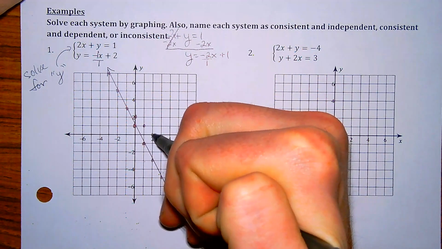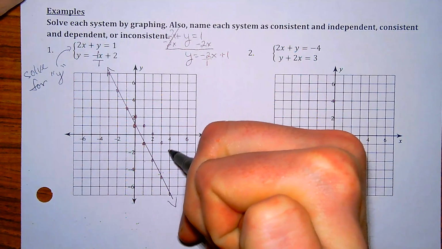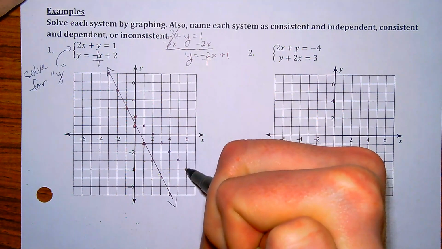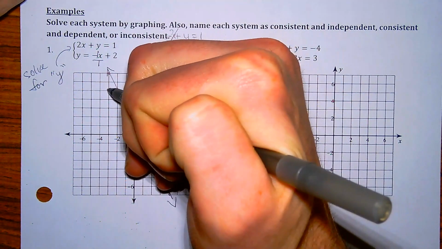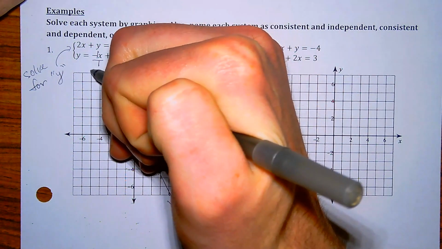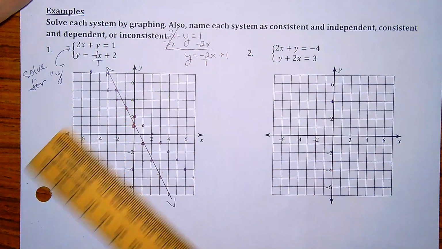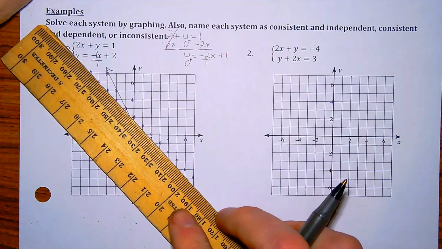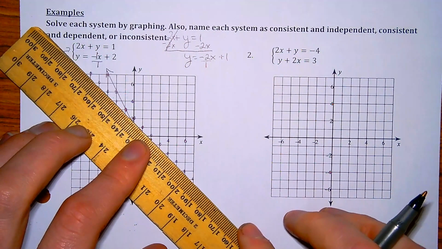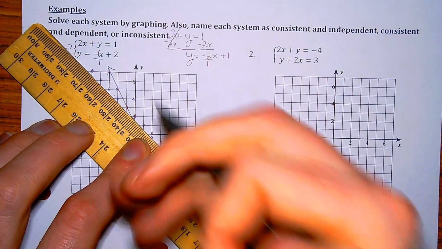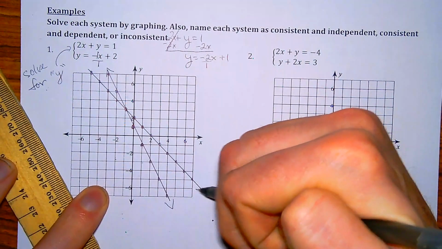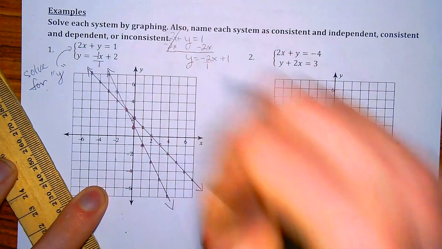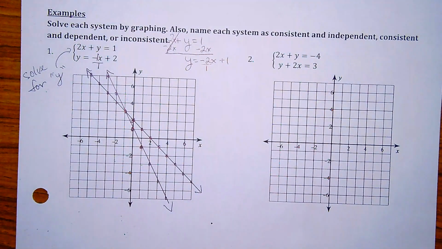Down 1, right 1, all the way through here, and then do the same in the opposite direction as well. Okay, give yourself a line, like this. And there's our system of equations.